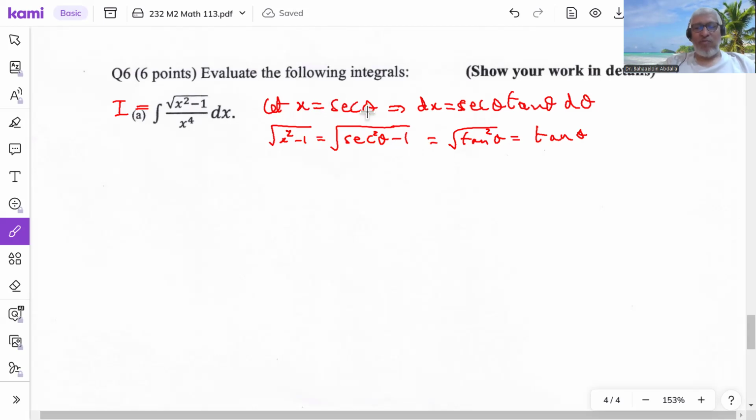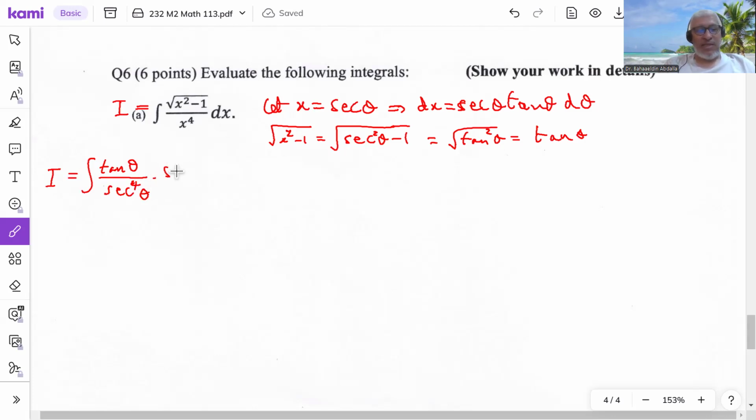We choose values of theta in which the square root would be positive tan theta. So I can change now I from x to theta. The square root is just tan theta. And x to the power 4 is secant to the power 4.